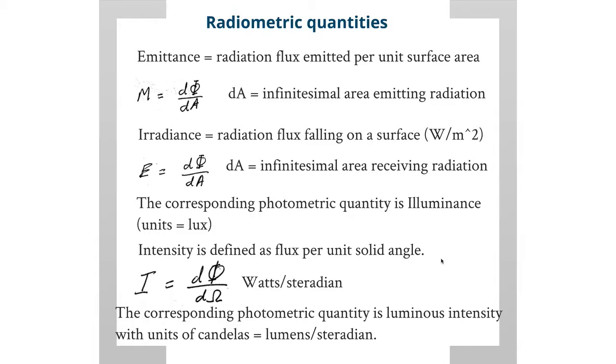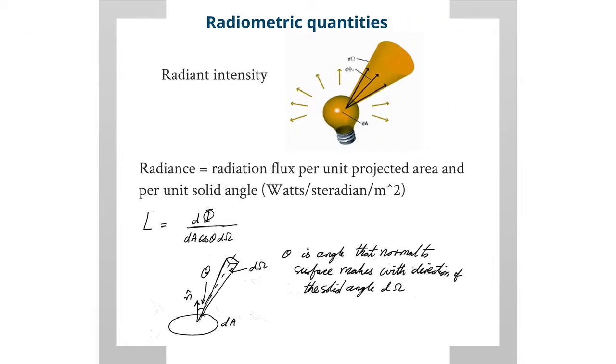Okay? This is very similar to what we just talked about. The corresponding photometric quantity is luminous intensity with units of candelas. So this is radiometric, watts per steradian. Photometric is candelas, or lumens per steradian. Watts correspond to lumens, as we saw before in our table up there. So this is relatively simple.